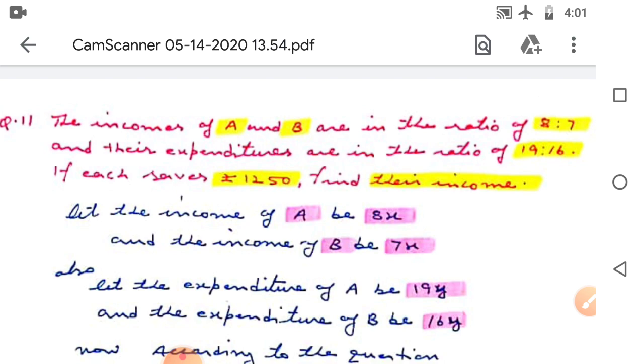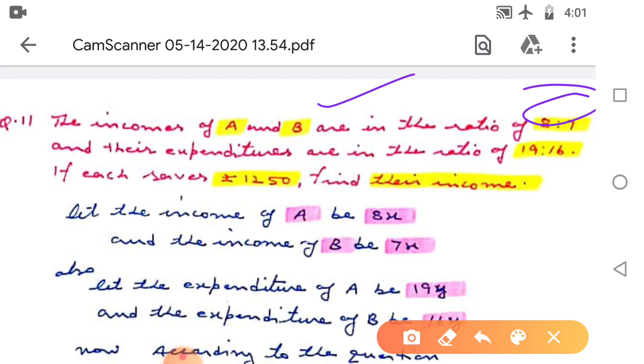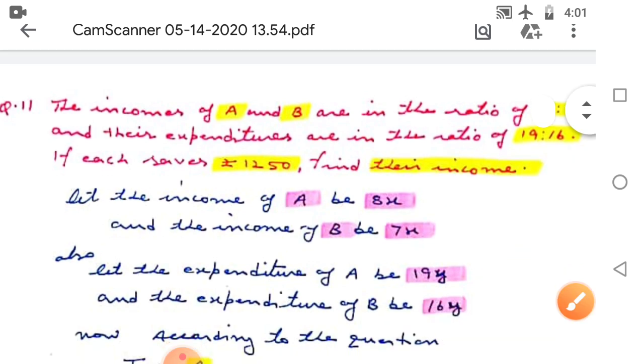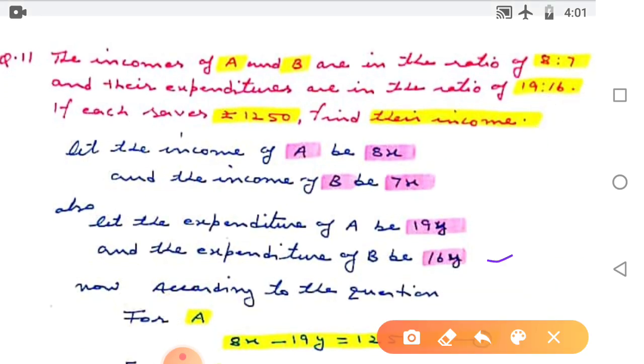Once again, look at this. Income in the ratio 8:7, expenditure in the ratio 19:16. This is the important part. Let the income of A be 8x and the income of B be 7x, expenditure 19y of A and expenditure of B is 16y.